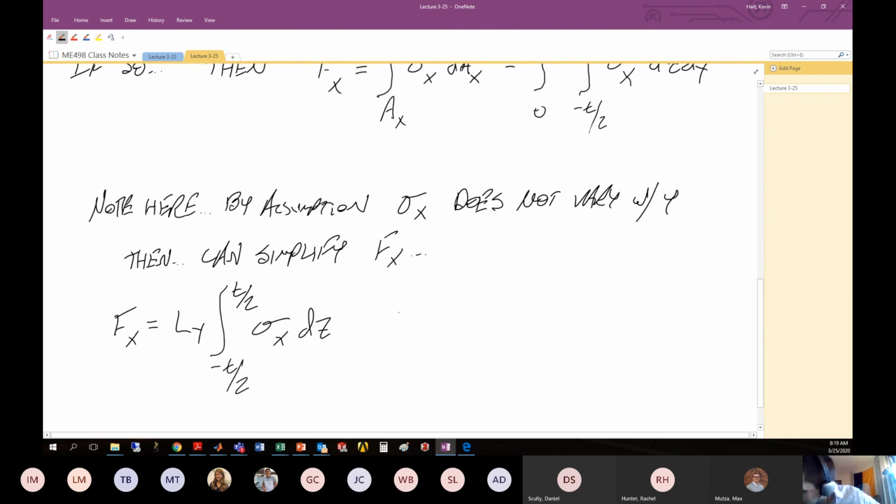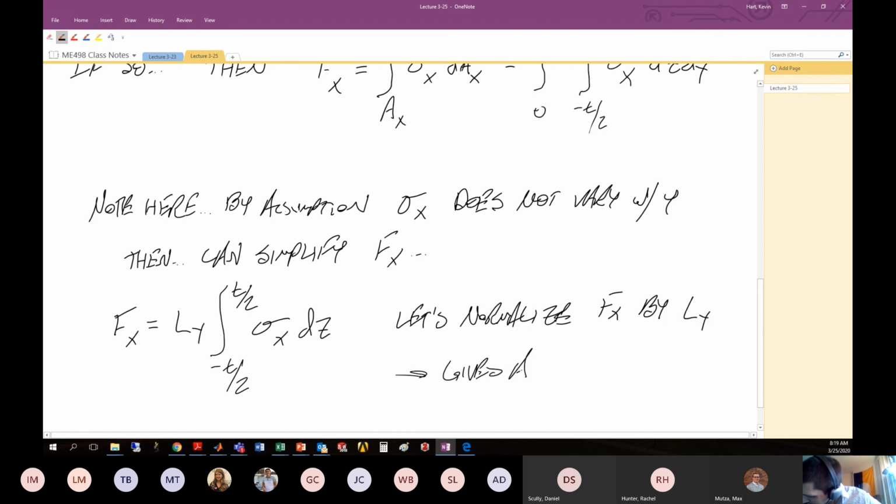So let's normalize Fx by Ly, the length in the y direction. This gives us a force per length.